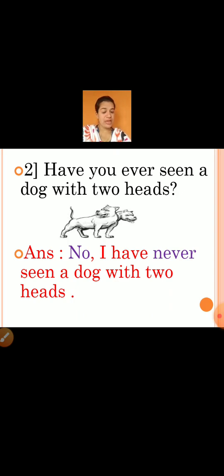So here we have used no at the start of the sentence, and then we have put a comma, and then we have written I have never seen a dog with two heads. So don't forget to put a comma after your answer, whether it is no or yes.